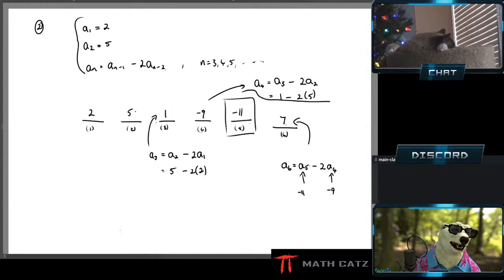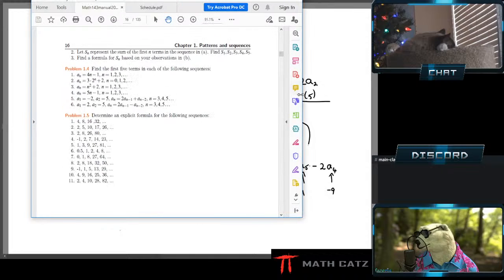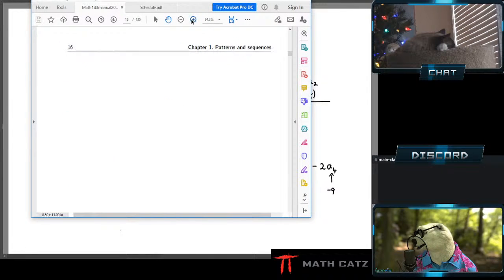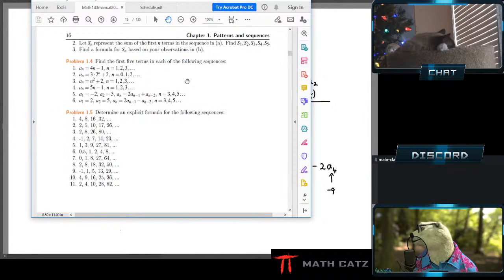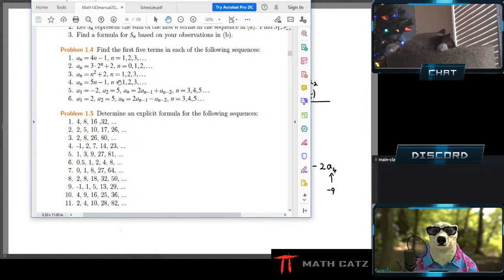So we have some, I'll show you here. As soon as I switch to the screen, it either becomes really big or really small. Can't win. If I look at some problems, the one closest to what we've done is problem 1.4, where again, find the first 5 terms. Can you even see this? It's not super big, but find the first 5 terms. So it's just about reading.